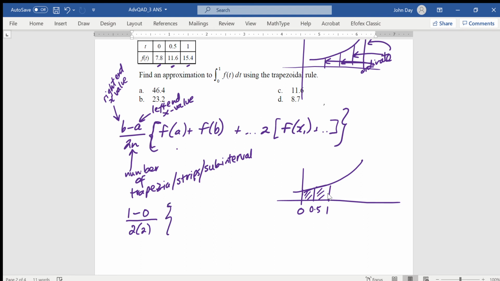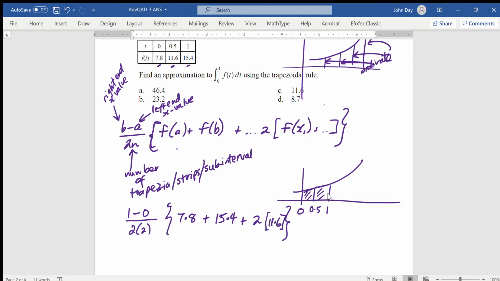Now f of a is f of 0, and from the table that's 7.8. f of b, the right hand endpoint, is f of 1, so that's 15.4. And then twice, and we go into the middle now, and there's only one ordinate in the middle that we're using, and that's 11.6.